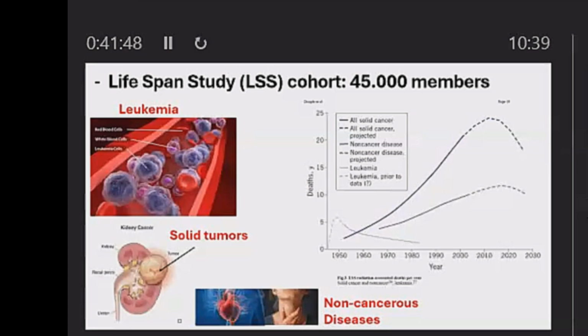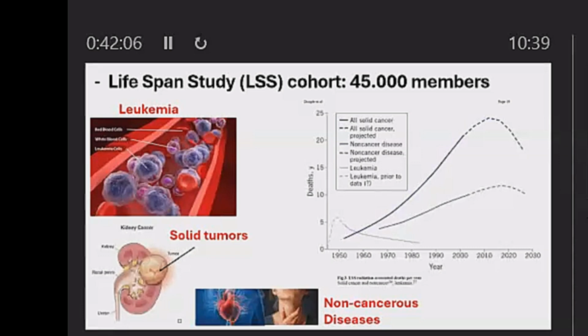So it happened in 1945. Initially, the main chronic effect is leukemia, and leukemia dominates for about 10 years. And then solid tumors start to dominate, right?